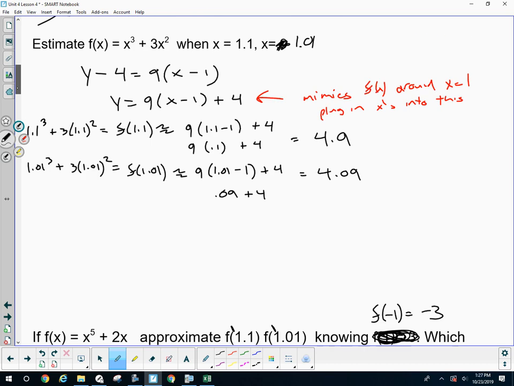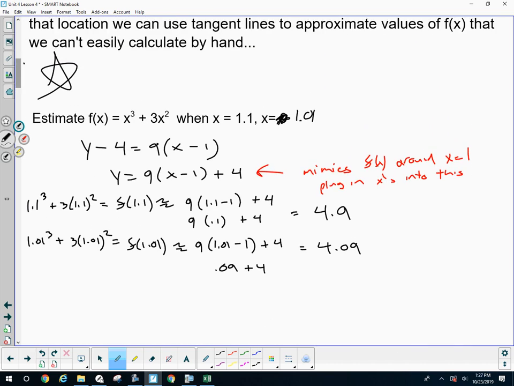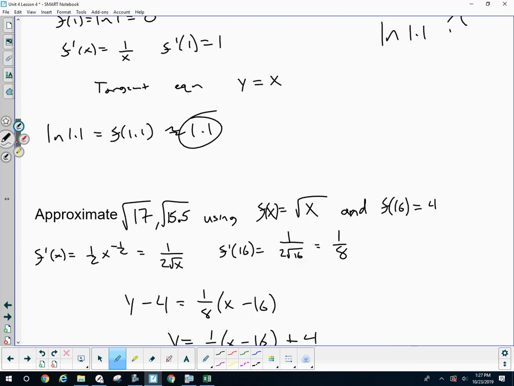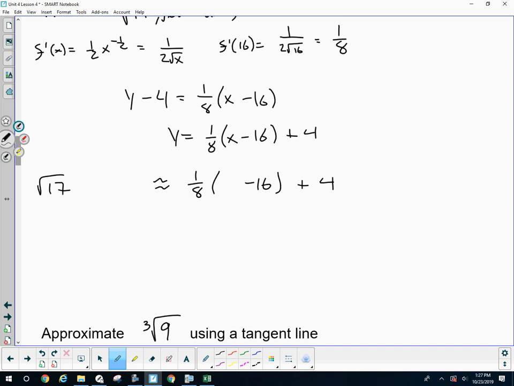When I wanted to approximate 1.1 cubed plus 3 times 1.1 squared, I didn't plug in this entire thing, the y-coordinate, in there. I just plugged in the x-coordinate. If I'm trying to approximate the square root of 17, what do I plug in? Just 17, because this is f of 17 when x is 17.